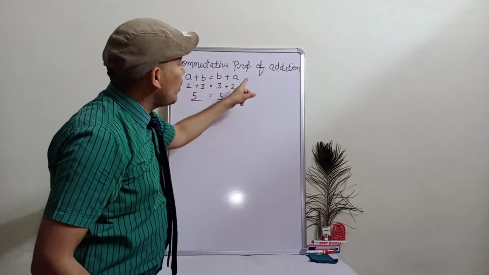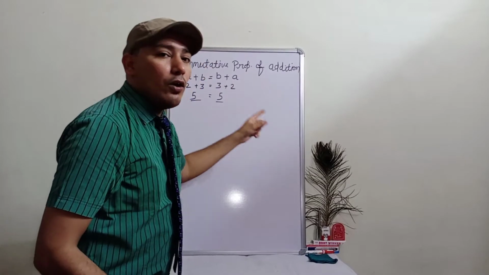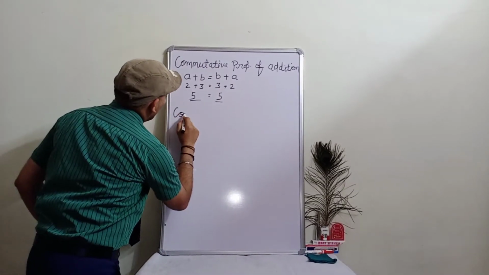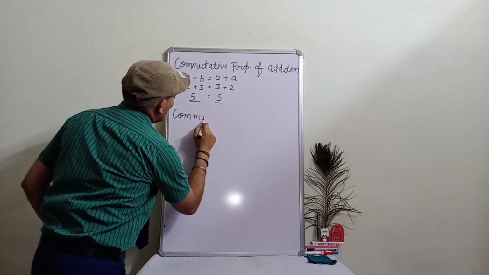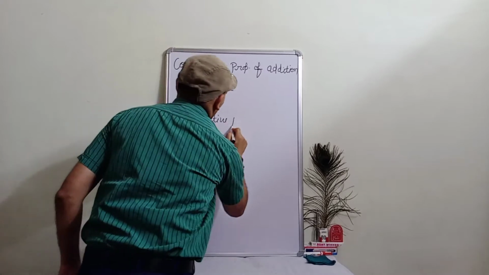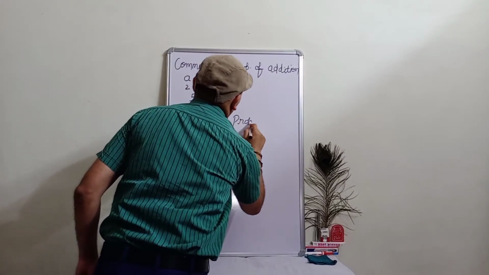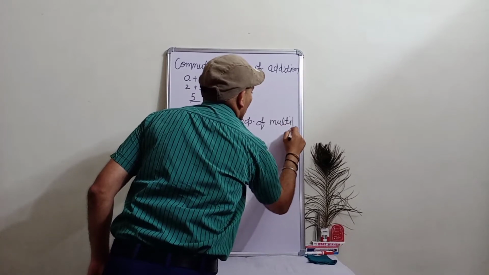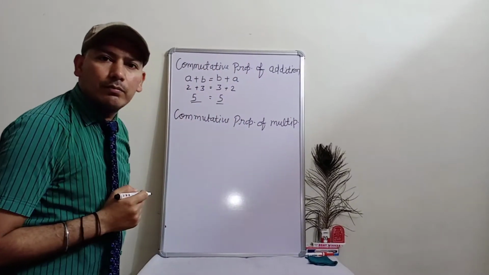Like the commutative property of addition, there is a property of multiplication also. Commutative property of multiplication.